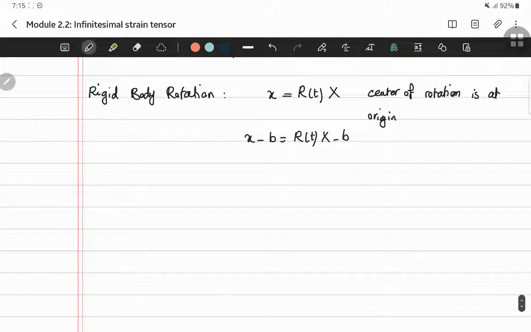Let me write this here, maybe with another color. Example 3.6.1.